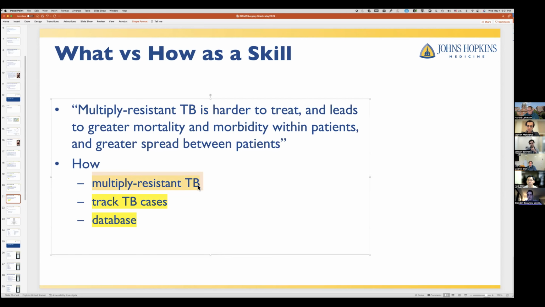So I don't want to be strict about this, but I want you to be thinking, what is my what and what is my how? When you go talking to an IT person, when you go talking to the data scientist, when you go talking to the informatician, you're in charge of what. And you're in charge of what I want the system to accomplish. And if you can't accomplish it, I want somebody else.